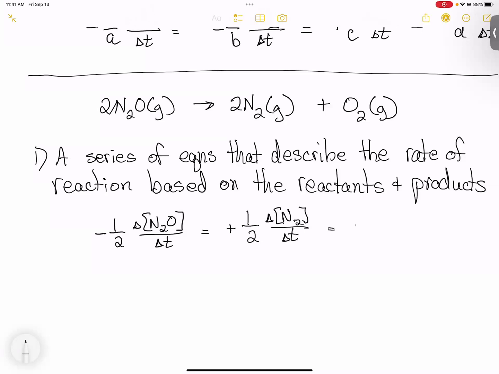And that is equal to a positive change in the concentration of oxygen versus a change in time. That's what we mean when we say express the rate of the reaction in terms of changing concentrations of reactants and products. That's all we're asking you for.